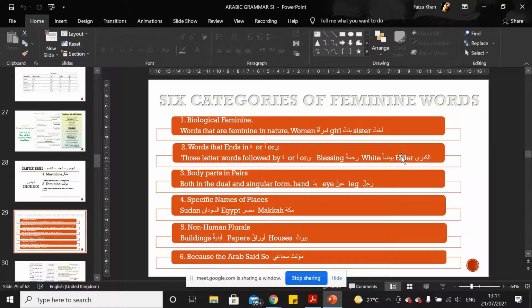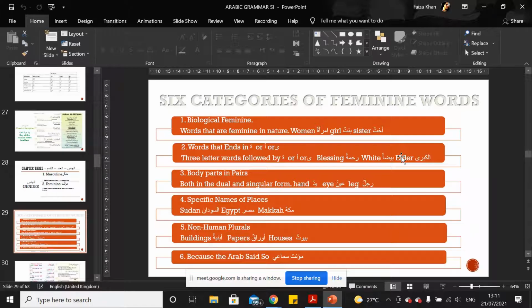Like when you have a word for woman, like amra or nisa, that word is describing a woman, so it is a biological feminine, and in Arabic grammar we consider it feminine. Like for a mother ummun, for the sister ukhtun, for the daughter bintun. So these kinds of words are explaining a biological feminine person.